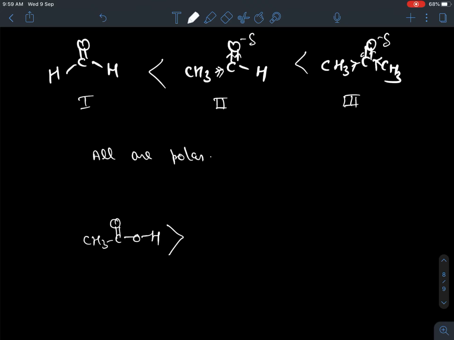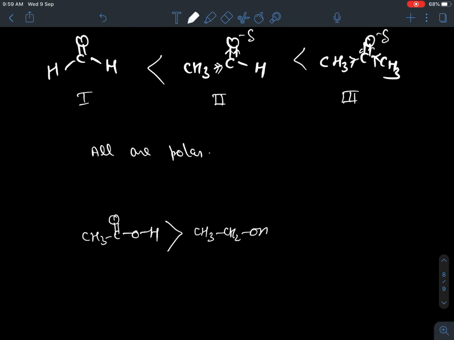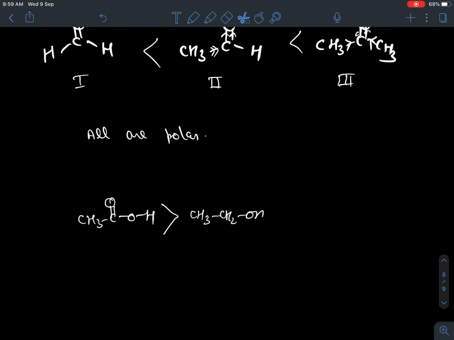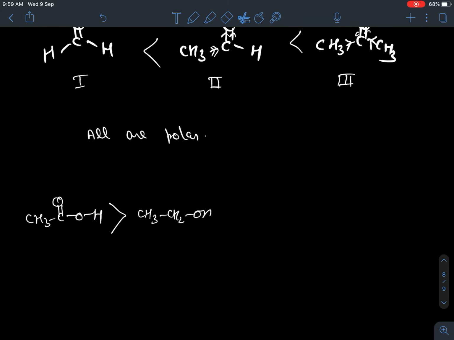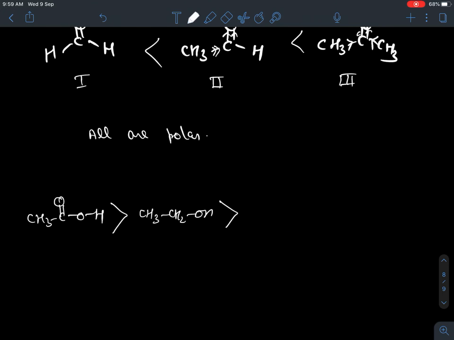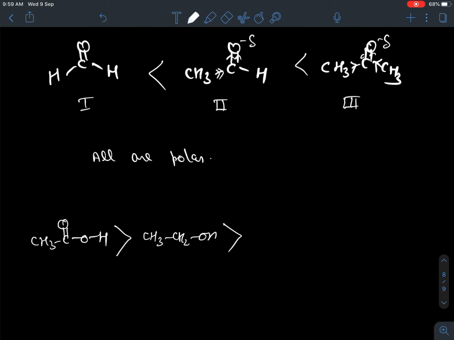Thereafter, which will come? Alcohol, for the same reason, because it can also form hydrogen bonds. Now if I compare with aldehyde and ketone, as you see, the polarity of ketone is more, that's why the dipole moment of ketone will be more. Thereafter, obviously aldehyde.